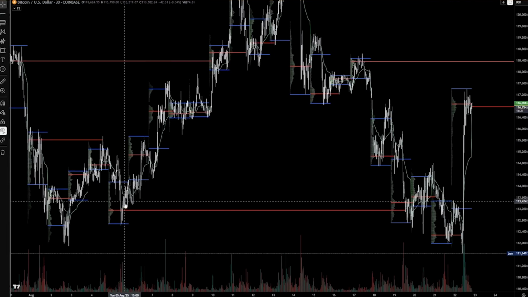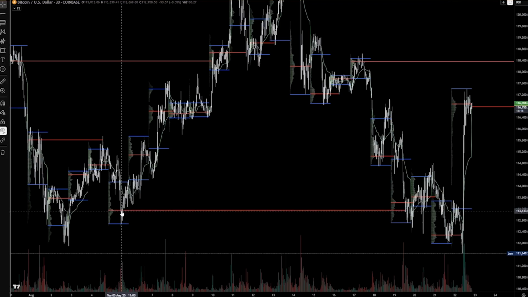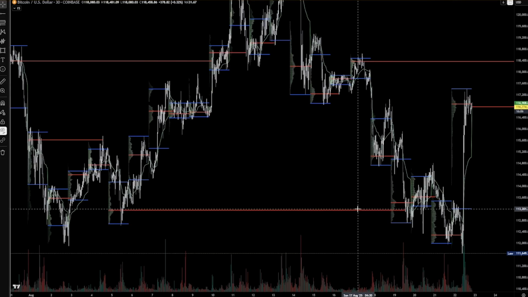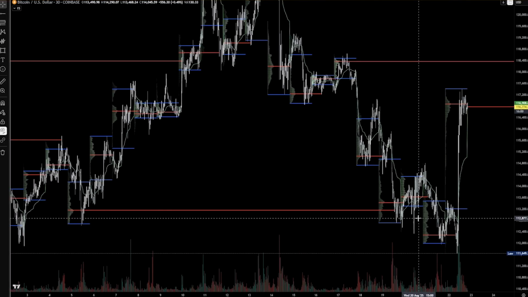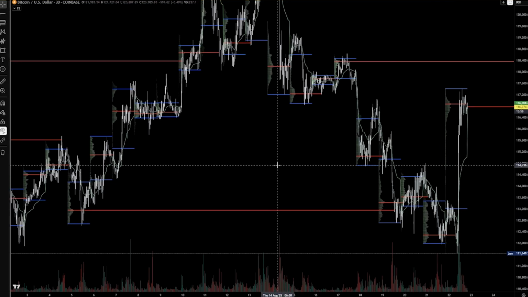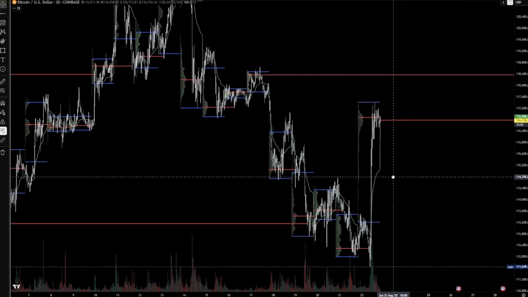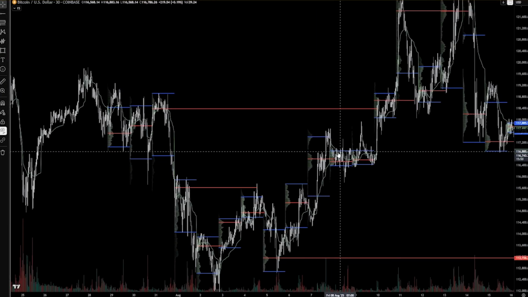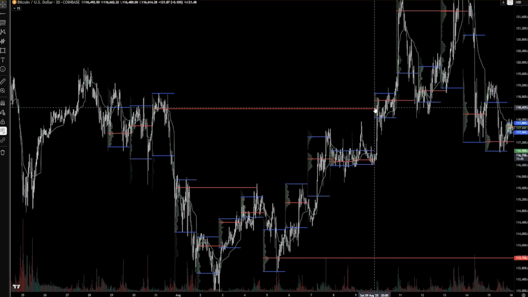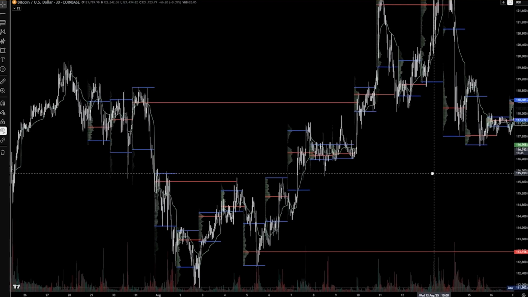But that's a previous area of interest of high participation in that session, and it's an area of liquidity. So it's a good place for the market to return and retest or to be defended when it does. And it kind of acts like magnets as price moves closer to them. So how about up here, we had that naked point of control, consolidate, go grab it. And it had a little bit of a reaction.